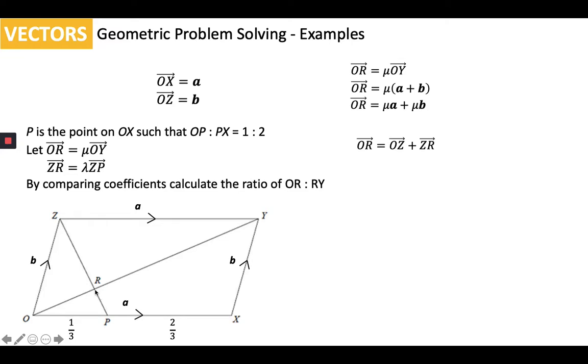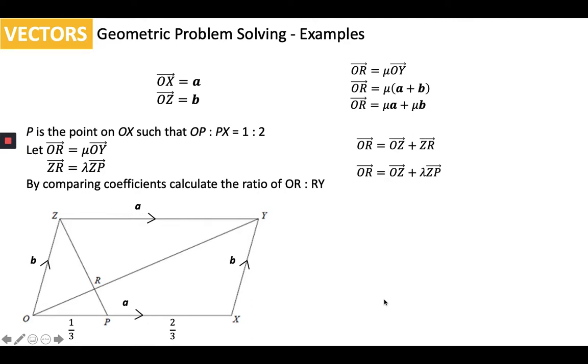That will give me a new expression for OR, which might get me closer to finding this value of mu. Now, OZ I know, it's B. I don't know what ZR is, but I'm told that ZR is lambda lots of ZP. So I'm going to substitute that in: OR equals OZ plus lambda lots of ZP, where lambda is some fraction of ZP in total.